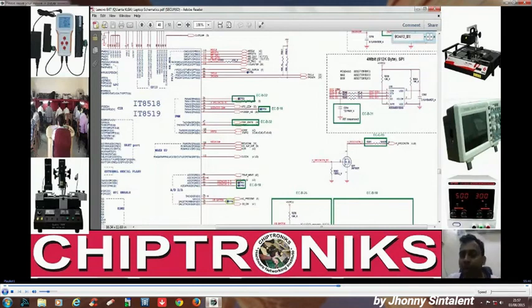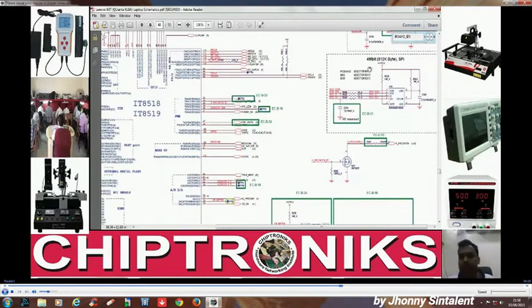Then through an oscilloscope we need to use the probe to touch these two pins of this BIOS chip, and we have to check the waveform on the oscilloscope for these two signals, serial clock and chip select. Right? Remember these two important pins.